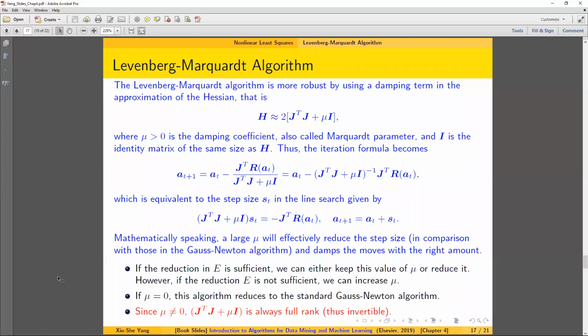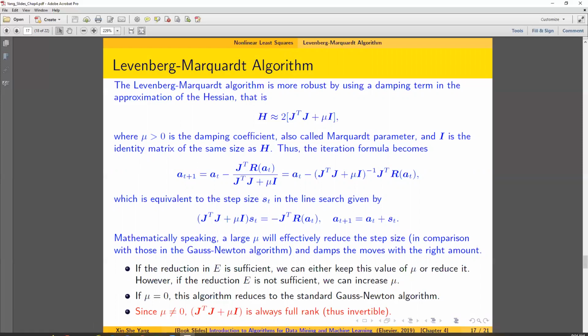Okay, let's look at another method that can be used for nonlinear least squares. It's called the Levenberg-Marquardt algorithm, also called the LM algorithm. It's more robust by using a damping term in the approximation of the Hessian matrix. Its Hessian matrix is 2 times J transpose J plus mu I. This mu I term is really the new damping term.